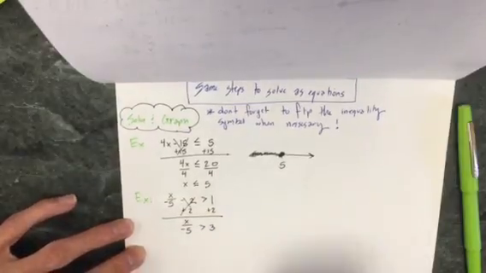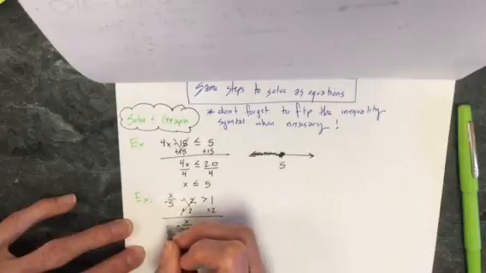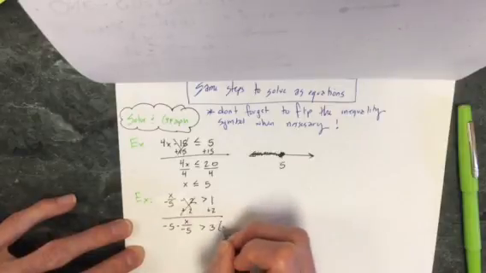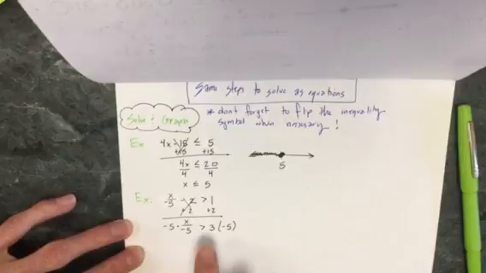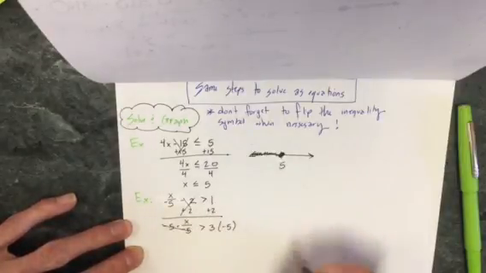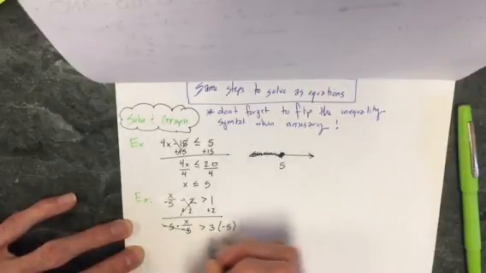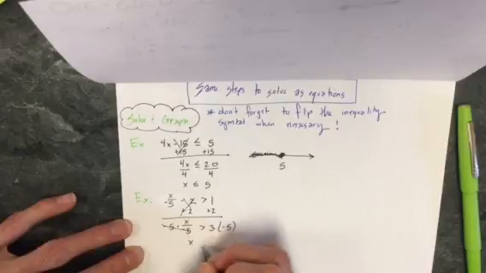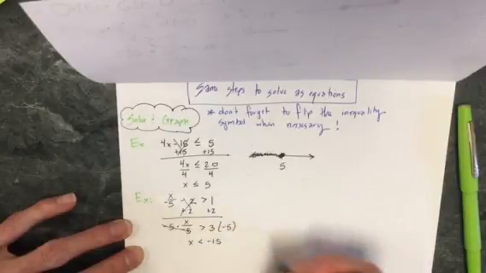And to get rid of the negative 5, we're going to have to multiply both sides by negative 5. And I'm multiplying by a negative, which means that this has got to switch to the other way. We've just done the opposite on both sides, and that means the symbol needs to flip to the opposite. So x is now less than negative 15.